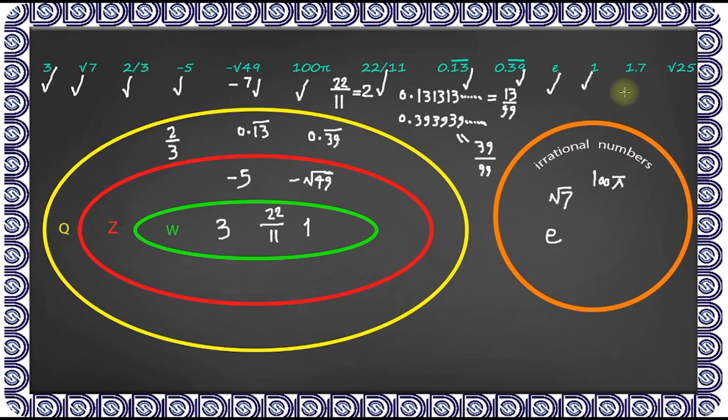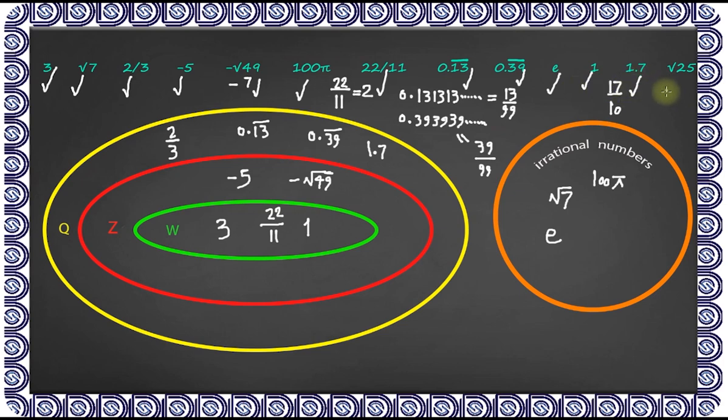And 1.7 equals 17 over 10, which is a rational number.